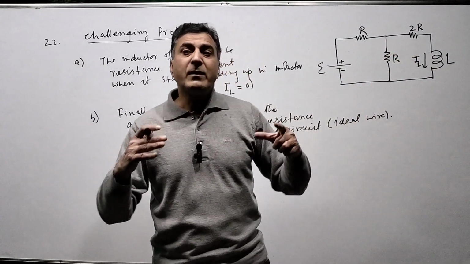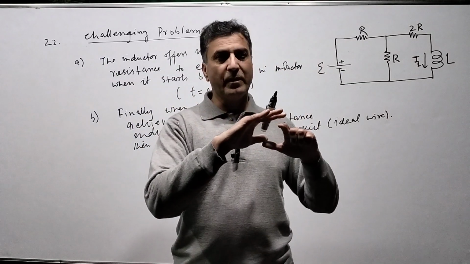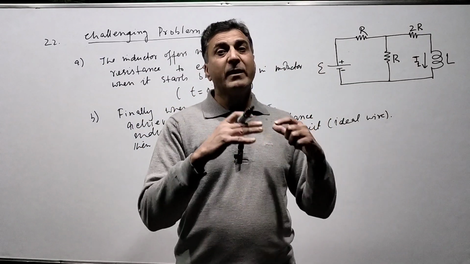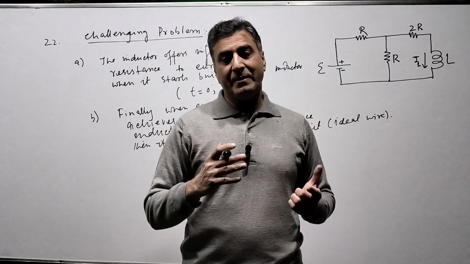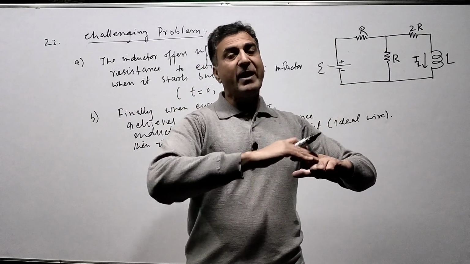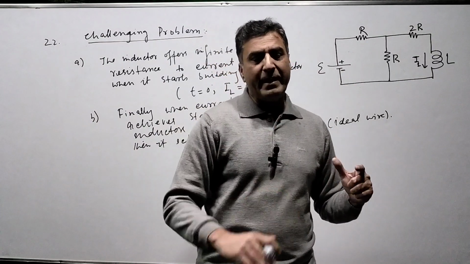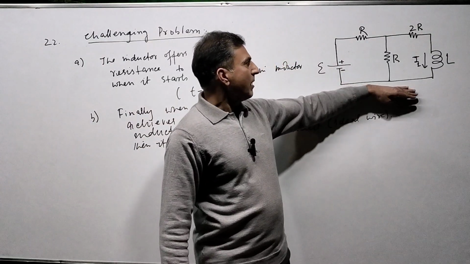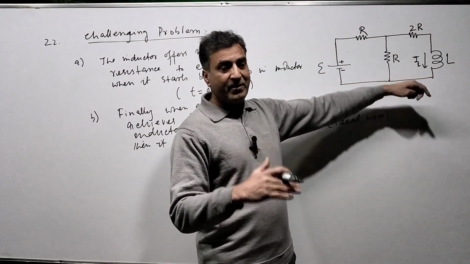This is the set of problems where the current in the inductor grows or builds up. Initial current is 0, and finally, obviously, the current will be maximum. So we have to explain that also. So this problem is for the growth of the current in the inductor.